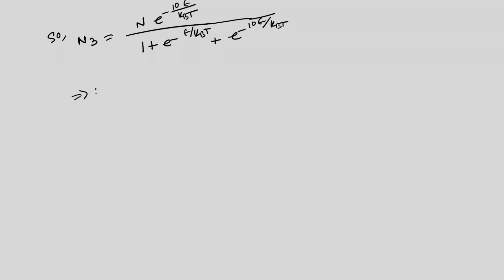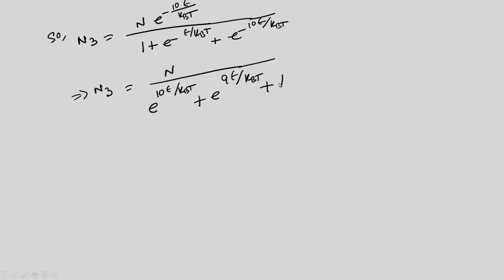So, if we further simplify, we get N3 is N by e to the 10 epsilon by kBT plus e to the 9 epsilon by kBT plus 1.